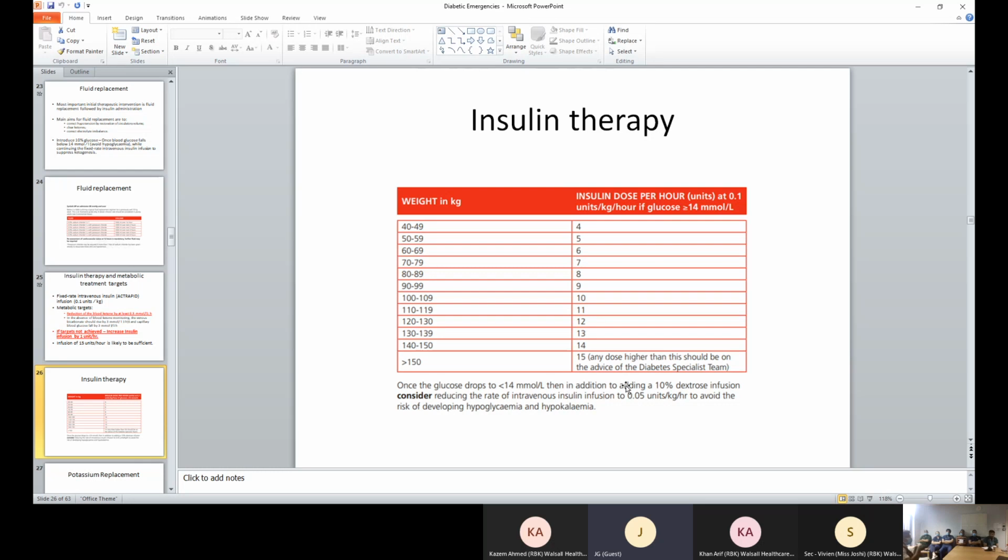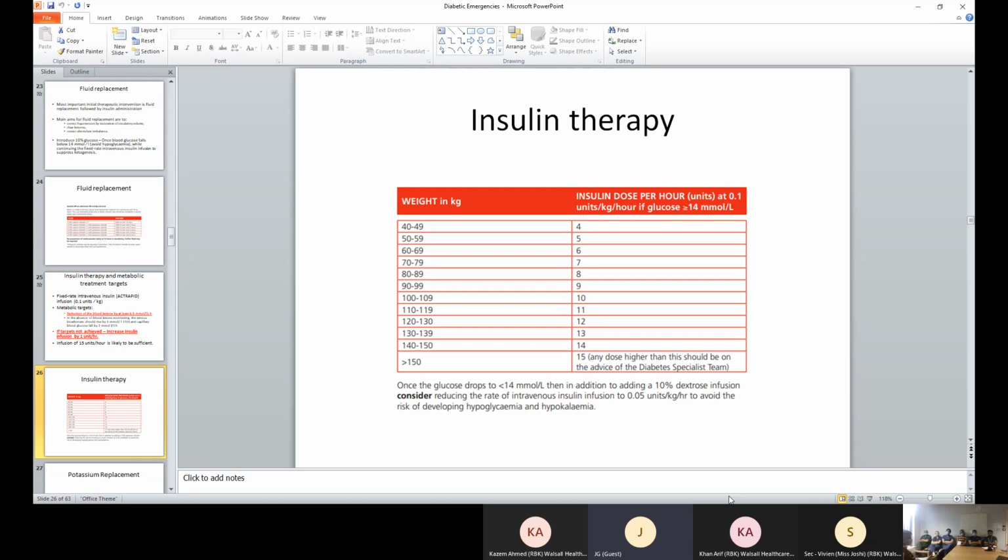To reduce the risk of hypoglycemia, when the blood sugar reaches 14 you could consider reducing the dose from 0.1 unit per kg to 0.05 unit per kg. But in the guideline I'm writing, that should be done by the specialist, so I will leave it for others outside the diabetes team, or somebody really experienced. Continue with 0.1 unit per kg.